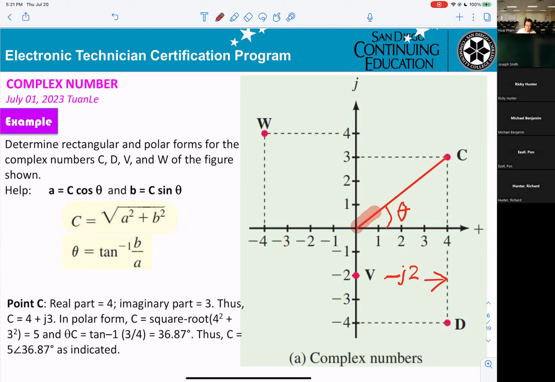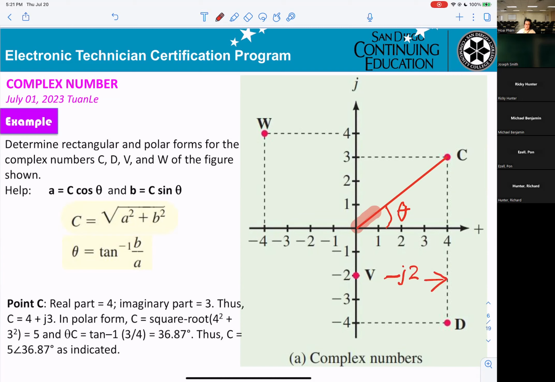Right. So it's just minus 90 for the angle. Minus 90, that's correct.